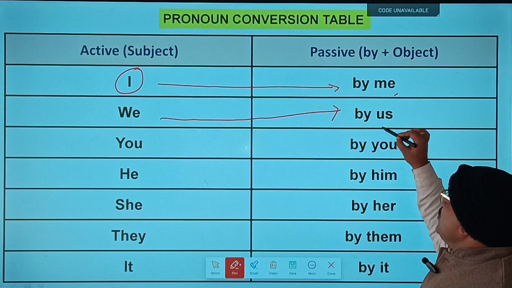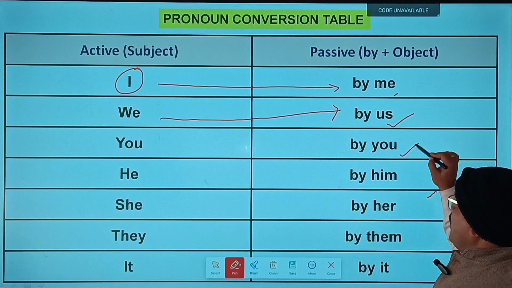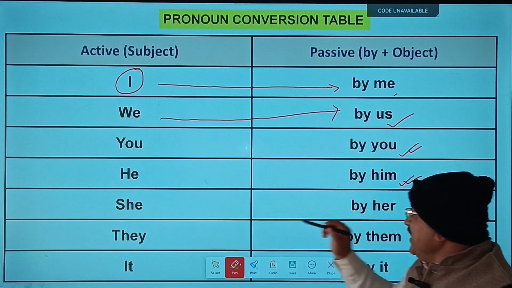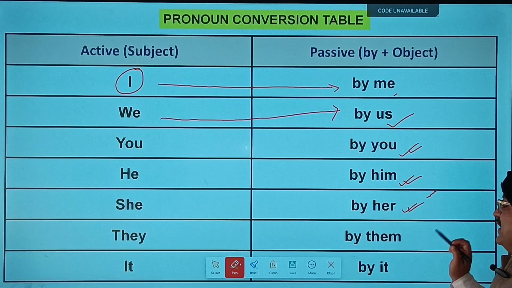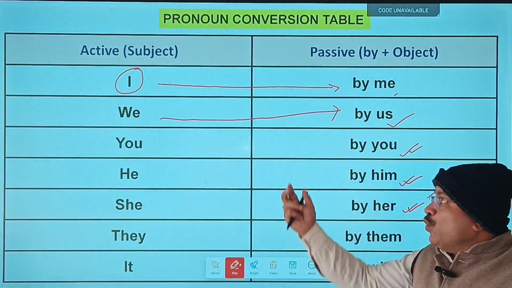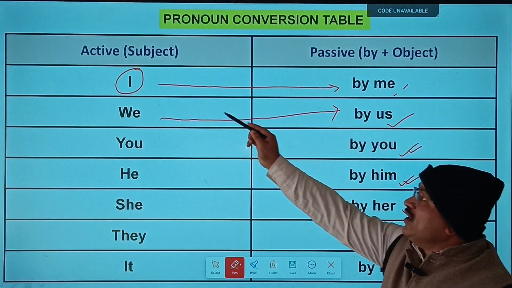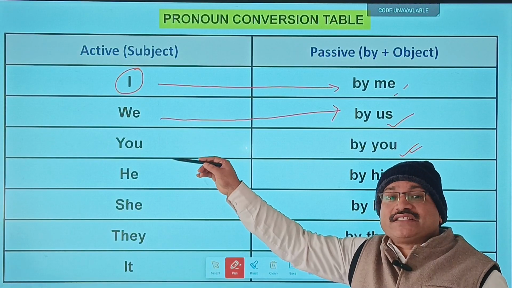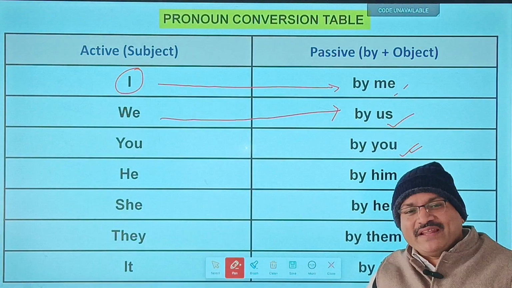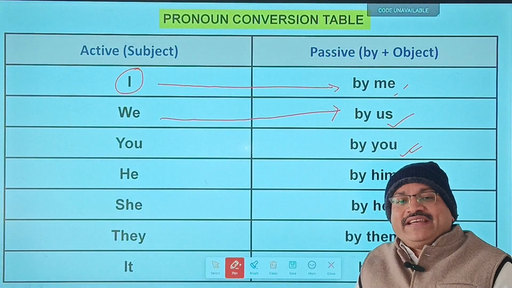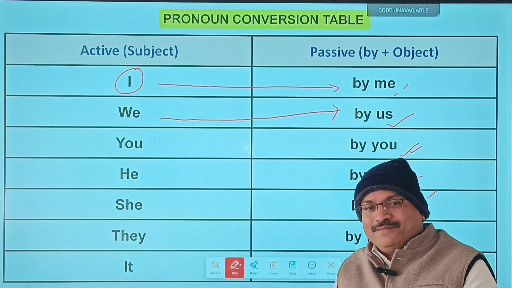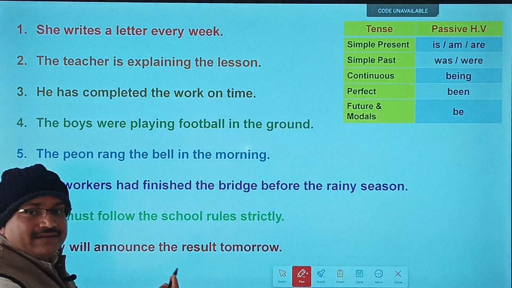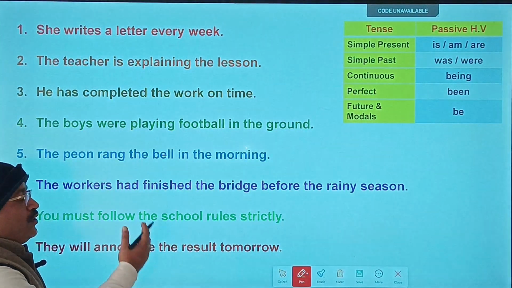We changes into by us, you by you, he by him, she by her, they by them, and it by it. Why are these pronouns changing? Because subjects are changing their places. The subject is coming at the object's place, so it will take an objective form. Yes or no?